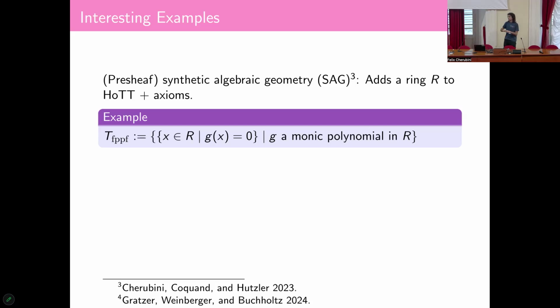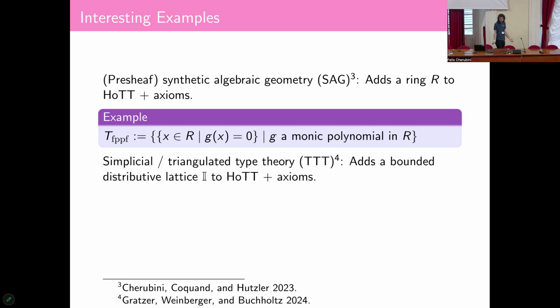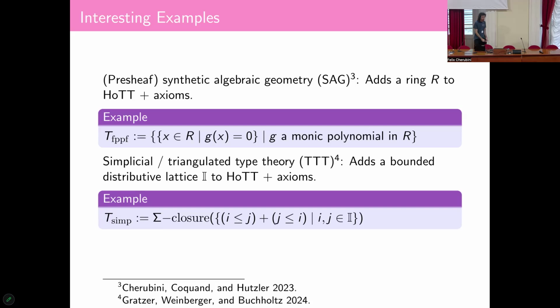Asking that all of these are inhabited is the same thing as asking that the ring is algebraically closed, or something. Every polynomial has roots. In simplicial and triangulated type theory, this adds a distributive lattice, and the presentation that we should give should ask that the interval, this lattice, is actually totally ordered.